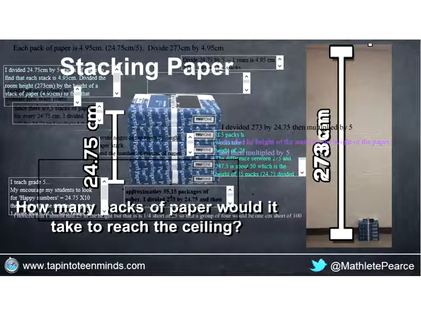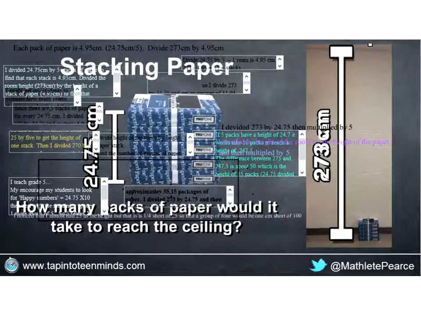Then we also have Paul asking, what about some practical questions like how will we safely reach the ceiling? Definitely those are questions that will come out.